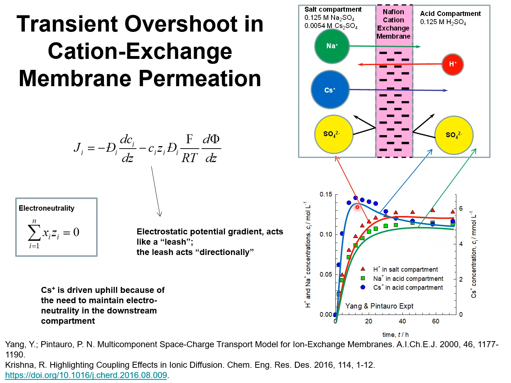The transport of cesium uphill and the occurrence of transient overshoots are quantitatively described by the model that incorporates the Nernst-Planck equation for describing the ionic fluxes, and these are shown by the continuous lines in this diagram.